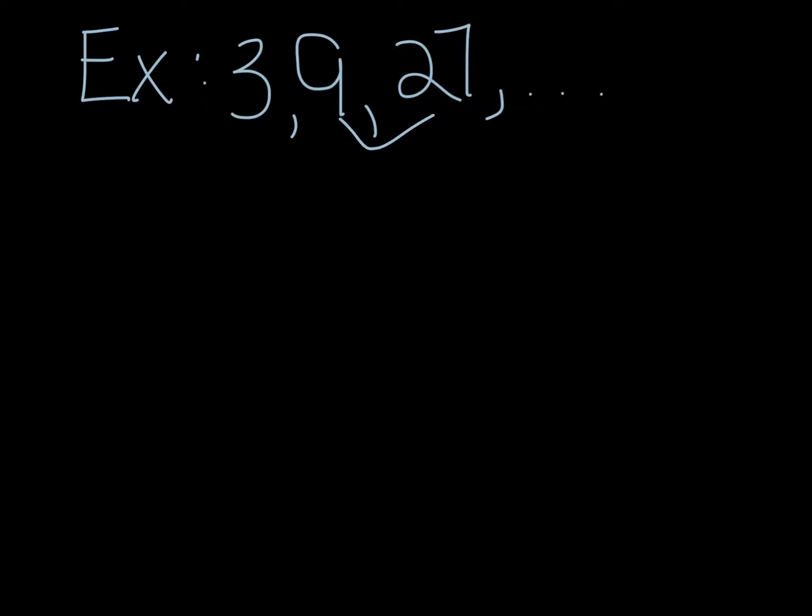So our common ratio, r, is going to be 3, and now we're going to write the formula. So if from 3 to 9 I multiplied by 3, to go backwards to get the 0th term, I would have to divide 3 by 3. So the 0th term, x sub 0, would equal 1.